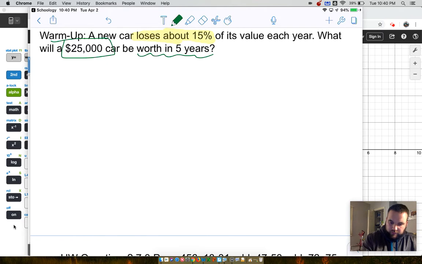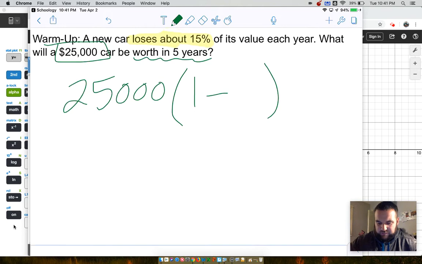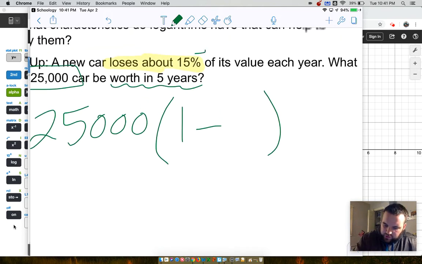So we're going to set up our equation, which if you recall is the start value times 1 minus r. In this case, since I'm losing 15%, I do need to change that 15% into a decimal, which is 0.15. Again, I can achieve that either by dividing by 100 or moving the decimal over 2 spots.